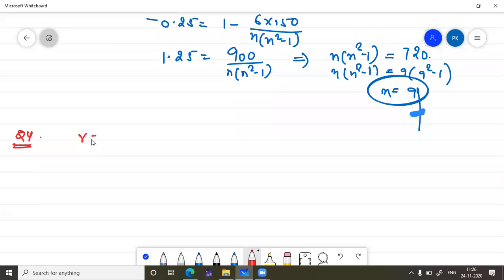This is R जो यहाँ पर दे रखा है. It is obtained by 10 students. N is 10, and it was found to be 0.8. It's given.